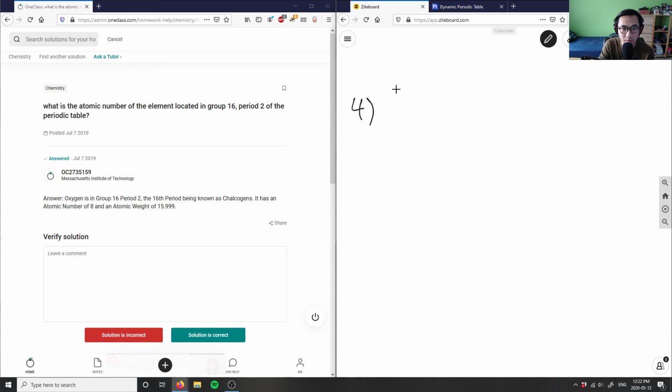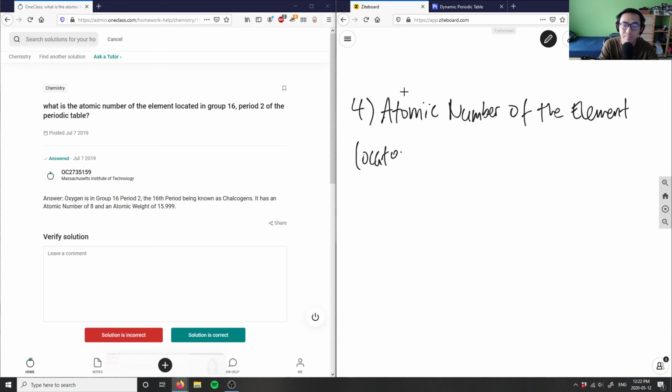I want the atomic number of the element located in group 16, period 2 of the periodic table. We know that already. So we're looking at the atomic number of the element located in group 16, period 2.